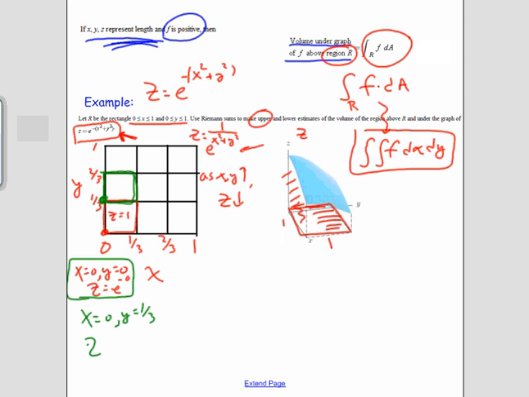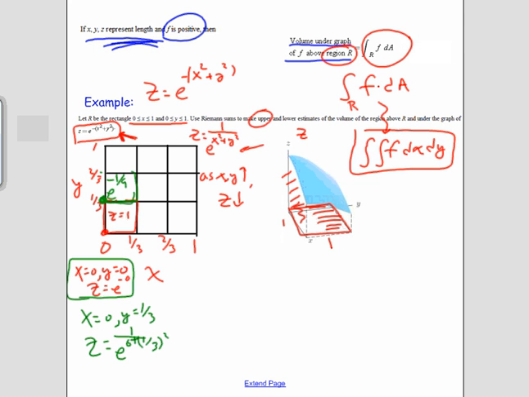So then my z value is going to be 1 over e to the 0 plus 1/3 squared. So that's 1 over e to the 1/9, and maybe I'll just leave it as a negative. That's e to the negative 1/9.